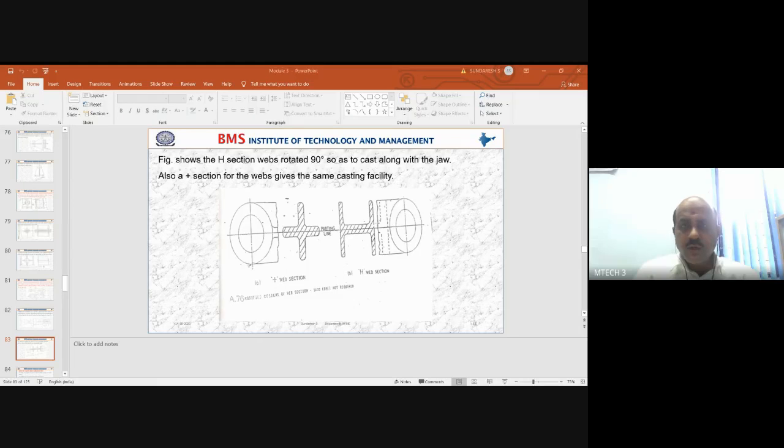Is it over? Noting down the two solutions, the design modifications we can bring. Alright, we'll just move to the next problem, the last problem on casting design. So please look at this and try to solve the problem on your own.